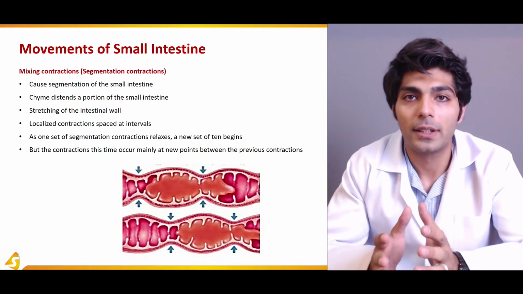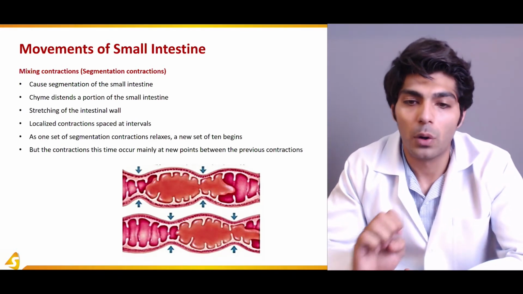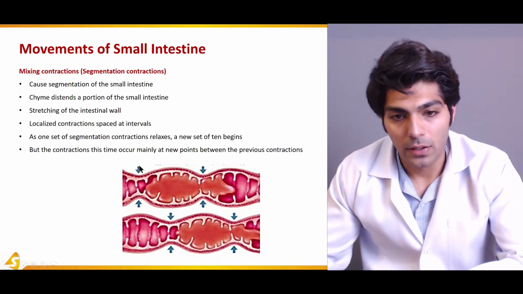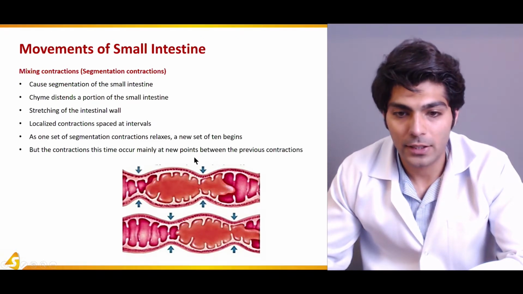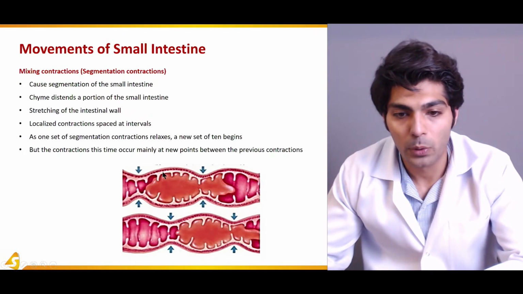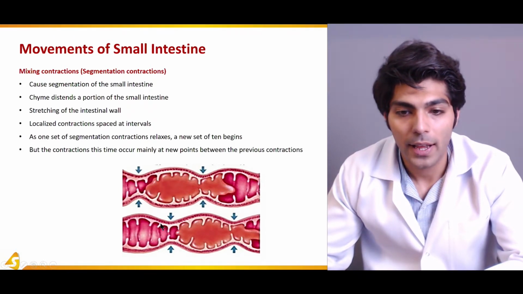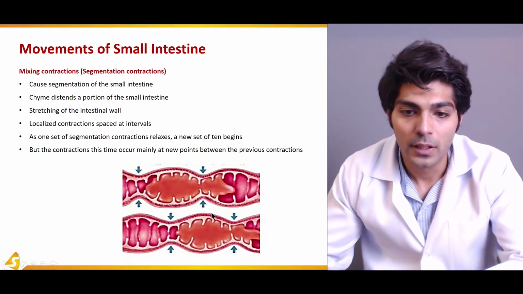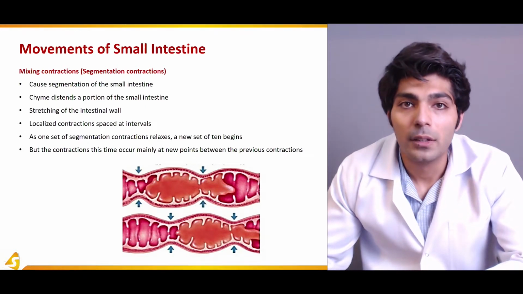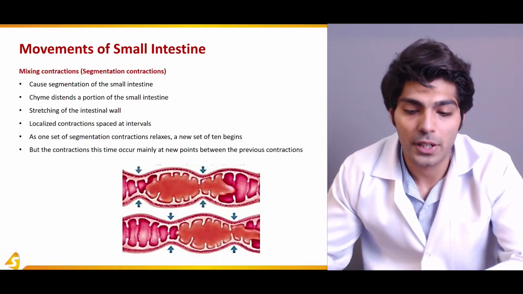In this way, the chyme is propelled forward towards the anus. So here is the contraction, here is the relaxation. But in the next segmentation contraction, the relaxation point becomes a contraction point, and the contraction point becomes the relaxation point, in the movements of the small intestine.